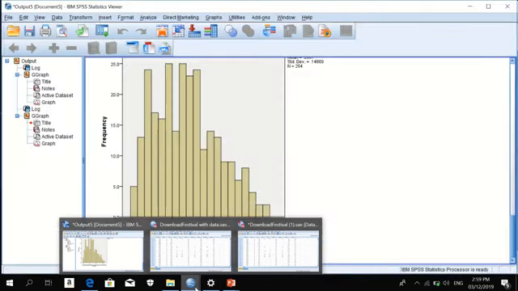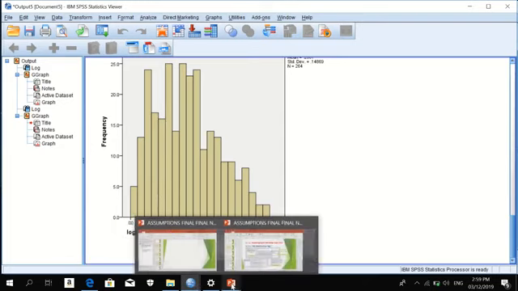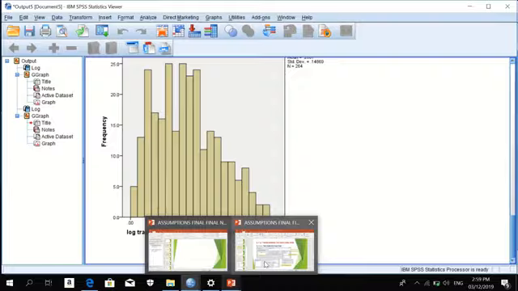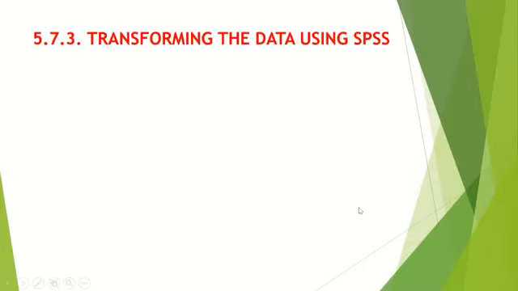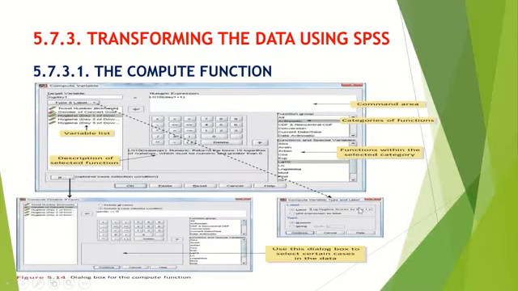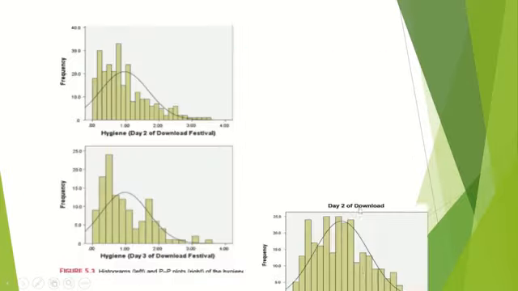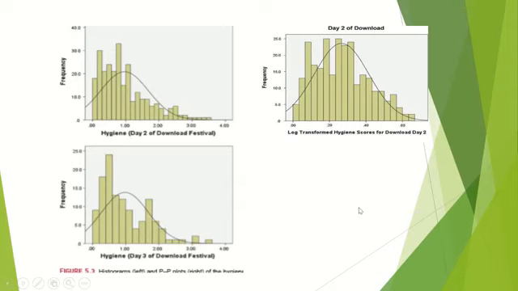Now, let's go back to the PowerPoint presentation. So I have here the histograms of the untransformed data and the transformed data.